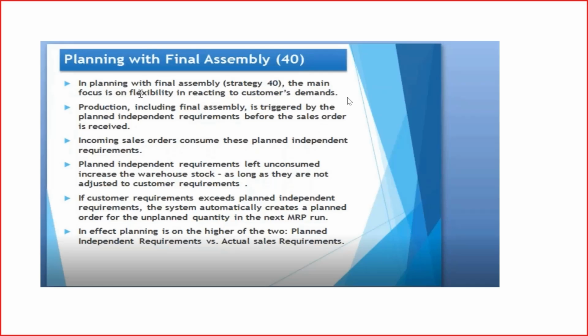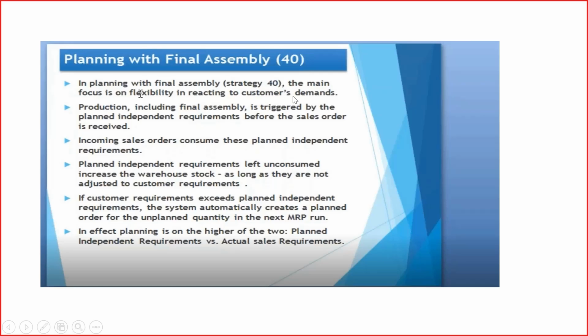So how does this strategy work, why is it very important, and what are all the functionalities in planning strategy 40, we need to understand. In planning with final assembly, the main focus is on flexibility in reacting to the customer demands, correct?